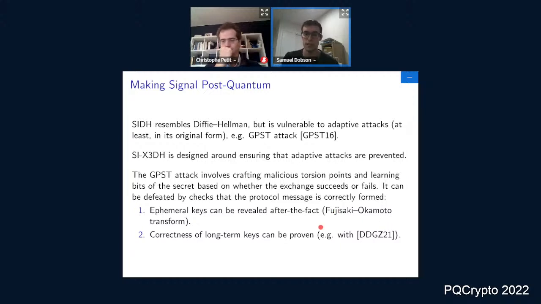And so by just repeating this over and over again, you can recover their secret key fully. And so both methods of fixing this require somehow proving that you haven't messed with these torsion points.